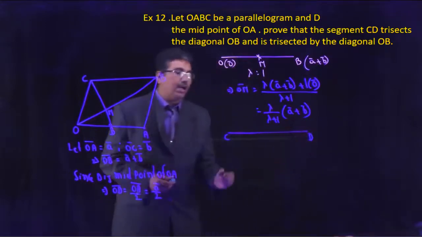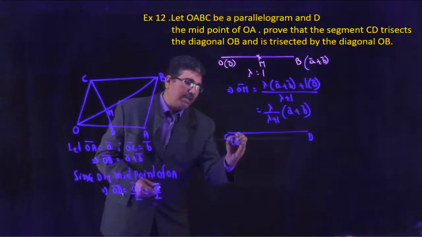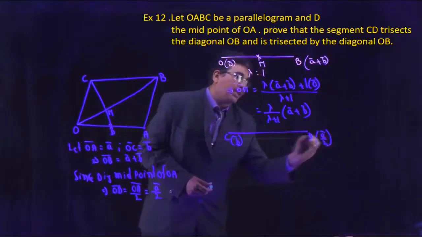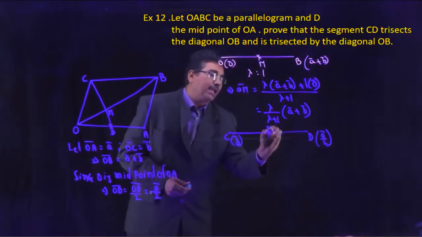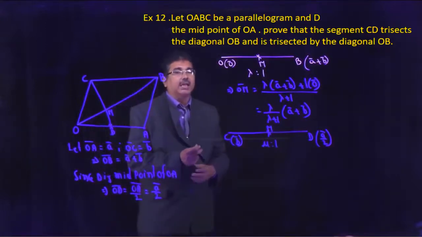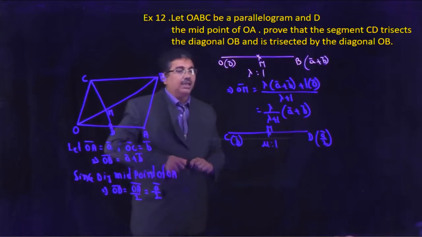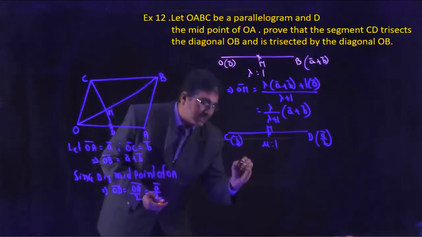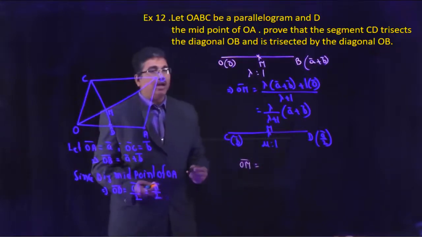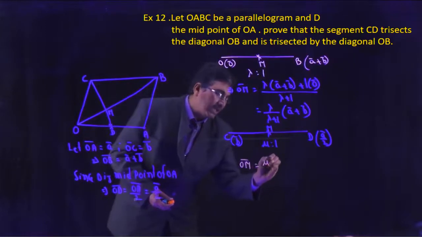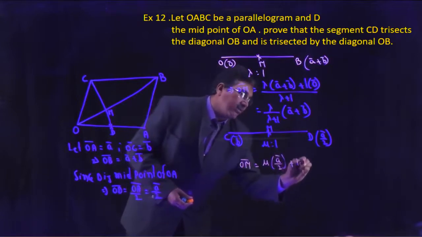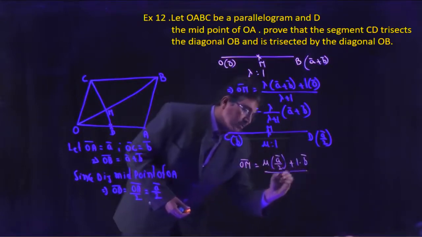The position vector of C is B bar, the position vector of D is A bar by 2. M divides CD in the ratio mu is to 1. Then OM bar, the position vector of M, is equal to mu times OD bar plus 1 into B bar divided by mu plus 1.